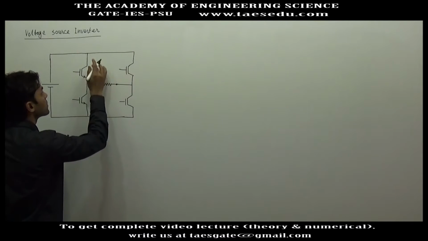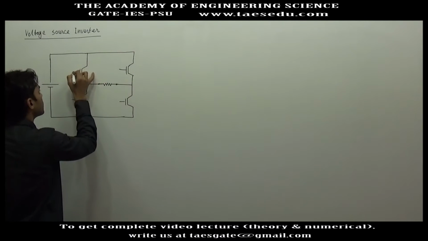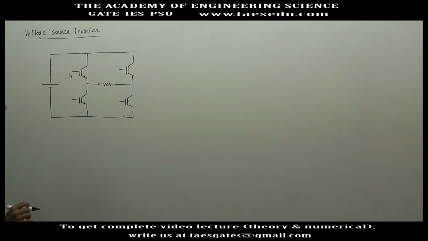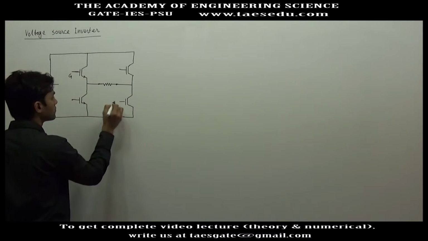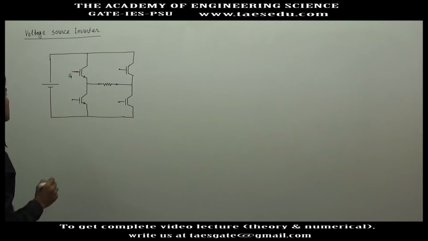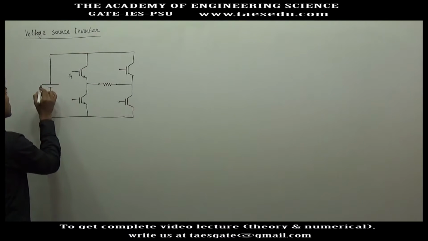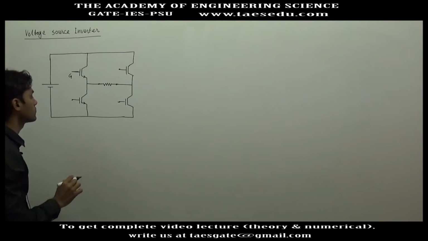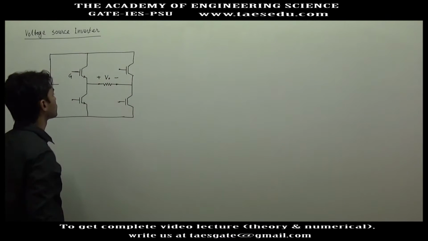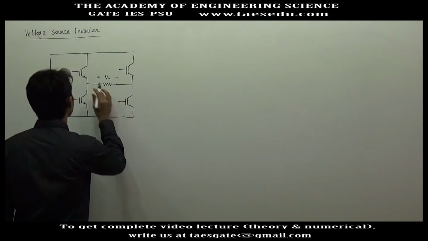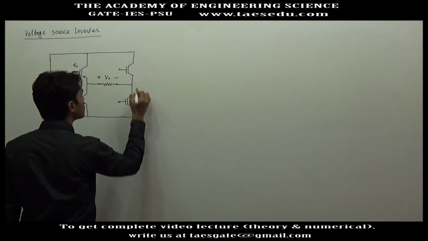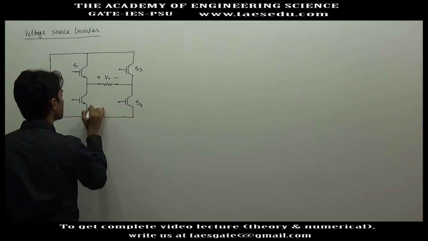These will conduct in the downward direction if the gate signal is applied. Okay, and here you have a DC voltage source. This will be the reference for output voltage. Let's say this is switch 1, this is switch 2, this is switch 3, and this is switch 4.